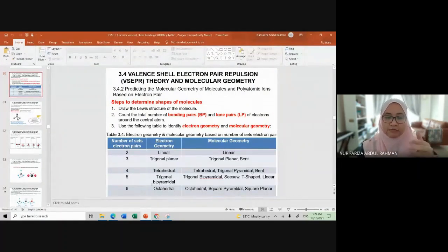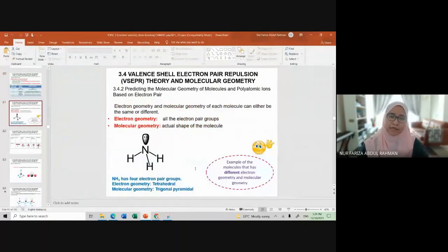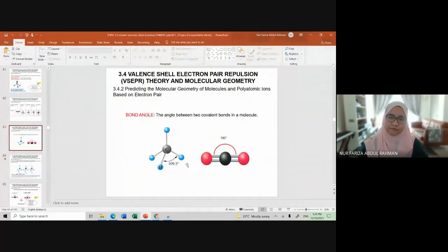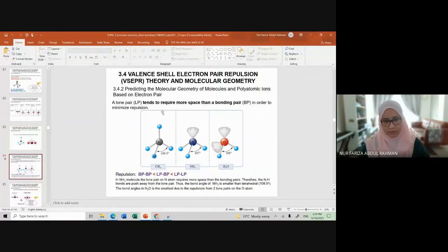And the same goes for trigonal bipyramidal and octahedral. So we have discussed this yesterday. And you have been introduced to bond angle also. Bond angle means the angle between the bonds, and then the arrangement of lone pair and bonding pair repulsion.